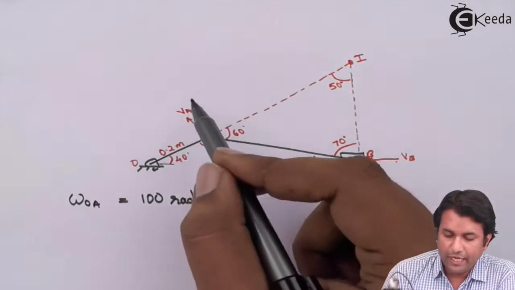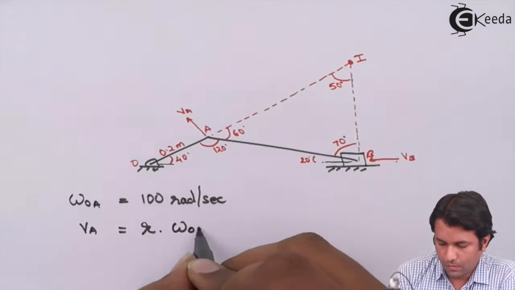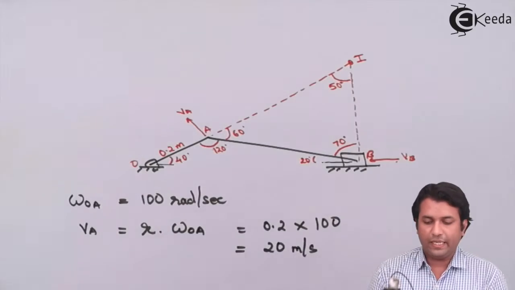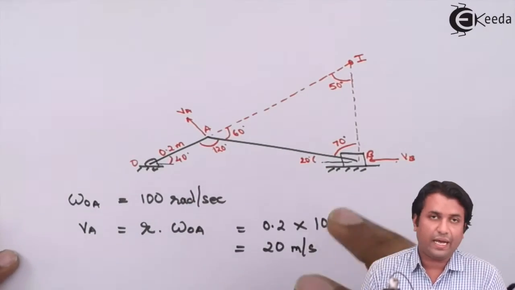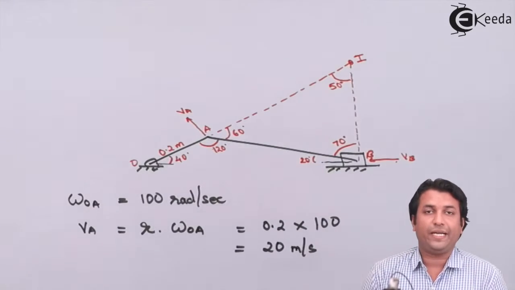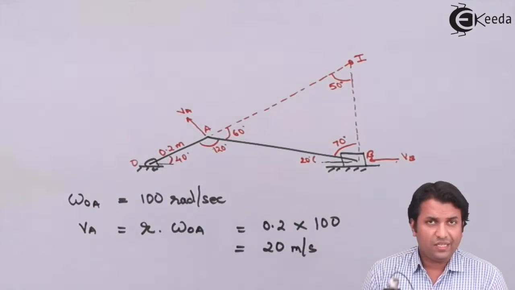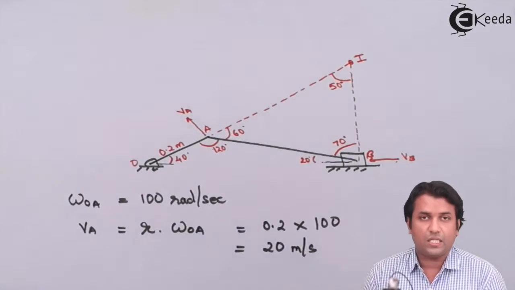Now I need to find out the velocity of point A. If I substitute the radial distance as 0.2 meters and the angular velocity as 100 radians per second, I'm getting the velocity of point A as 20 meters per second.